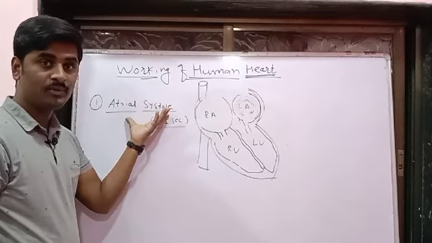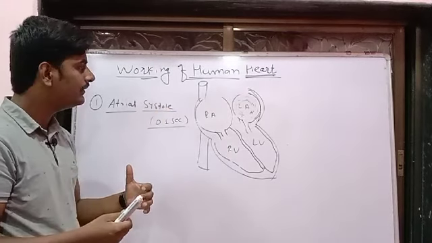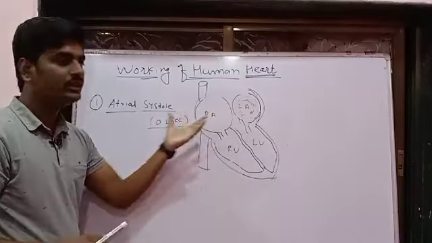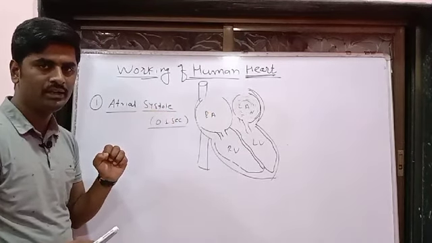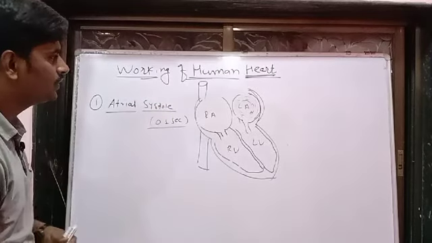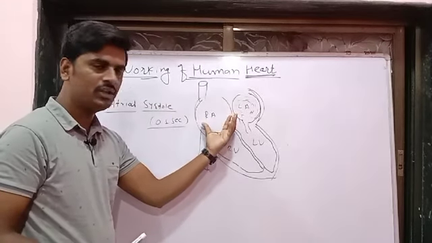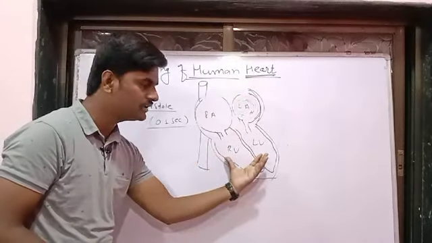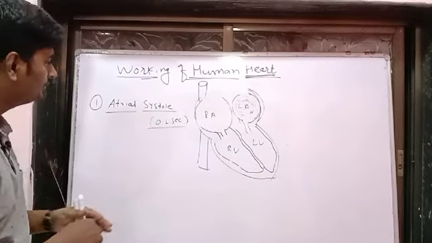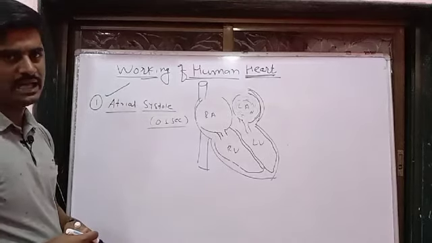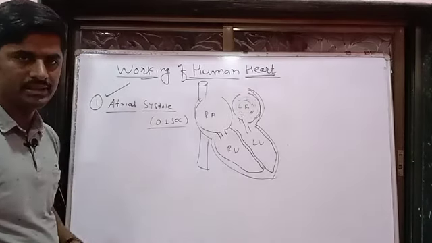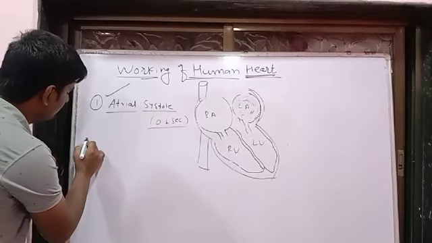What kind of changes take place inside the atria during the systolic condition, meaning when they undergo contraction? The oxygenated and deoxygenated blood is transferred towards the ventricle. Now this atrial systole finishes, and it takes 0.1 second.